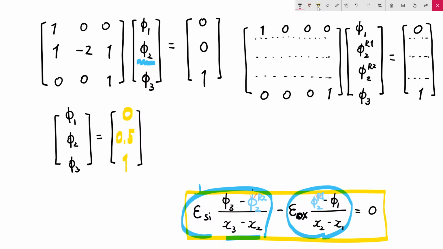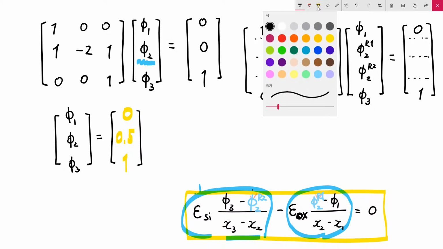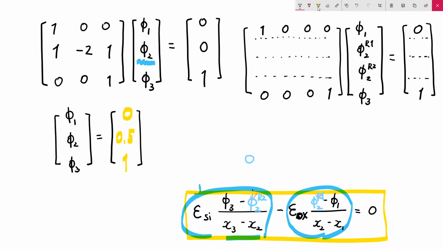Then the point is, how can we assign our two equations? For example, we have to have R2 equal to R1. Sorry about that. We have to now insert these two equations. Maybe you feel that it is not that difficult.